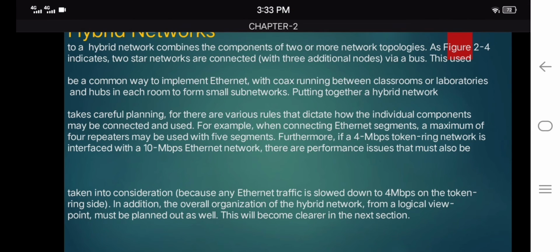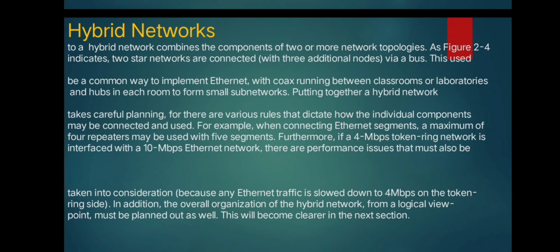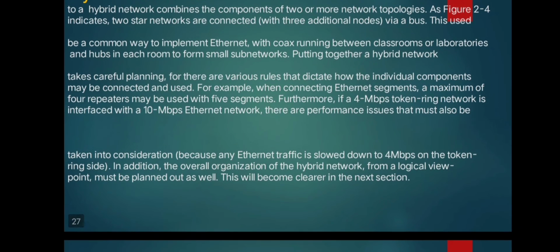Putting together a hybrid network takes careful planning. There are various rules that dictate how the individual components may be connected and used. For example, when connecting Ethernet segments, a maximum of 4 repeaters may be used with 5 segments.